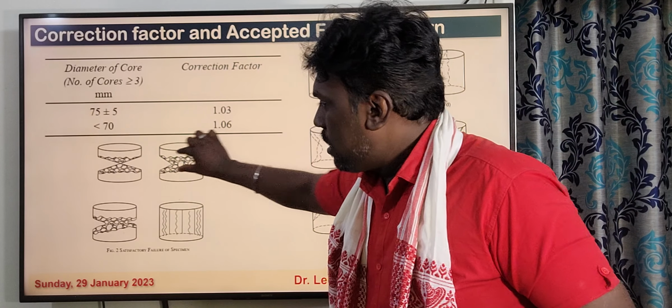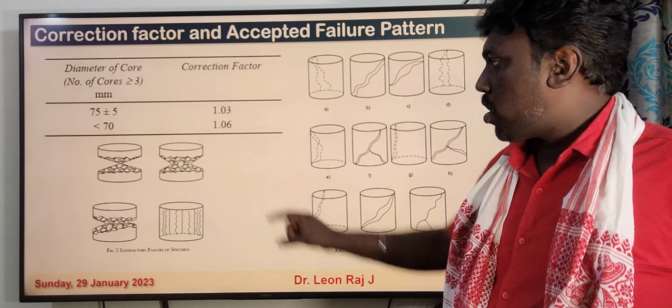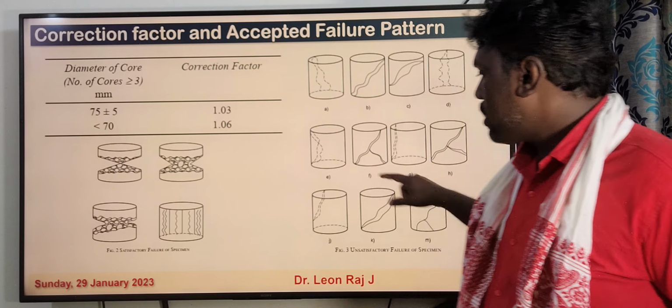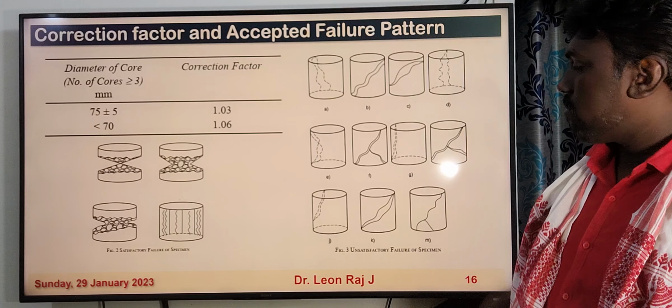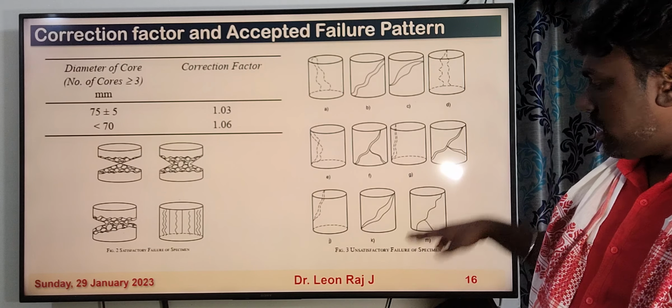It should happen at the mid portion of the specimen, not at the corners. If the concrete cracked like this, or the surface is cracked, or the edges are cracked, then it comes under the category of unsatisfactory failure pattern of concrete core.